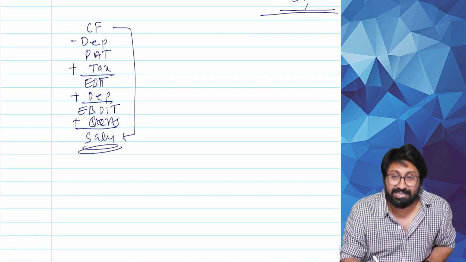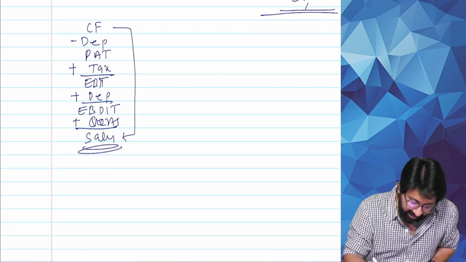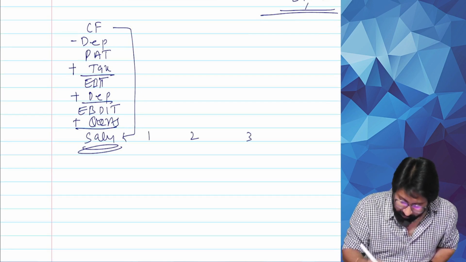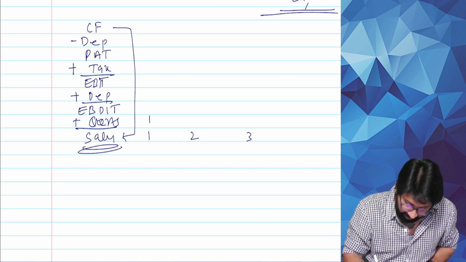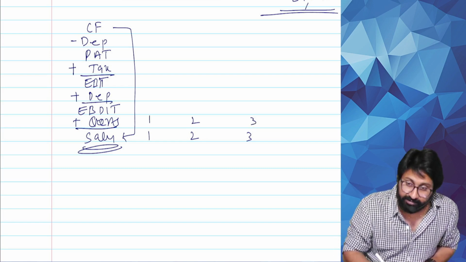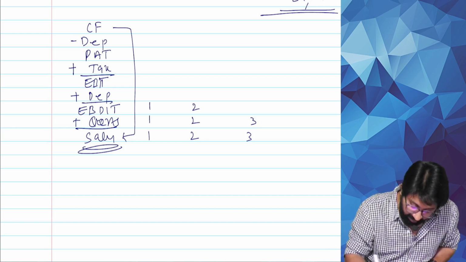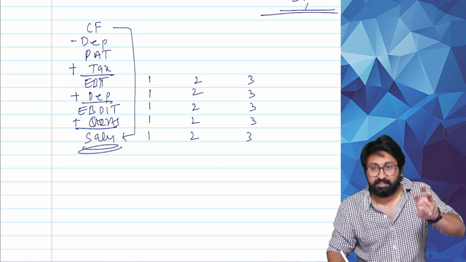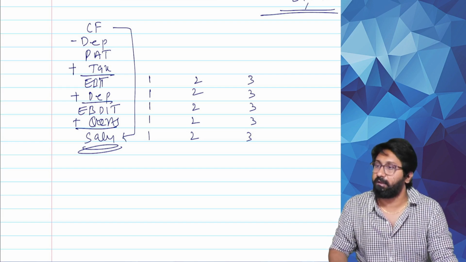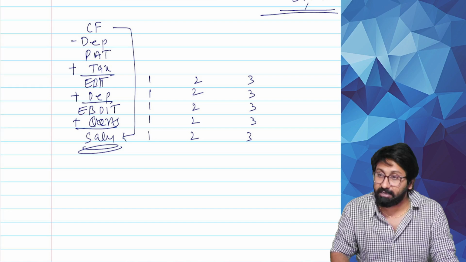I am taking sales of 1 year, 2 years, 3 years. I am taking cost of 1, 2, 3 years. We will be getting EBIT for 1, 2, 3, depreciation for 1, 2, 3. All like this, 3 years we are taking. Correct or not? Here the problem started.